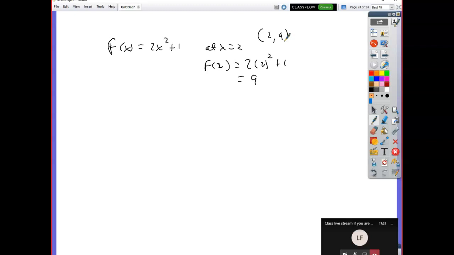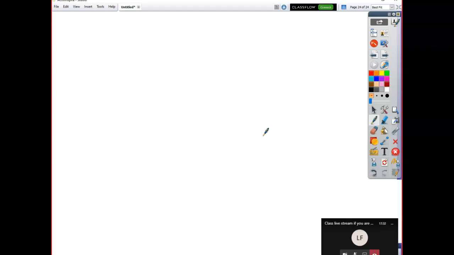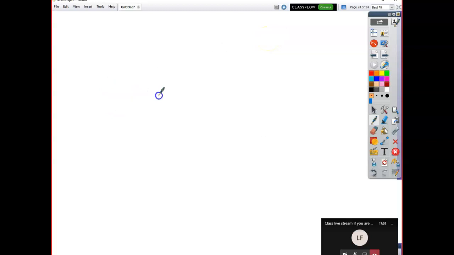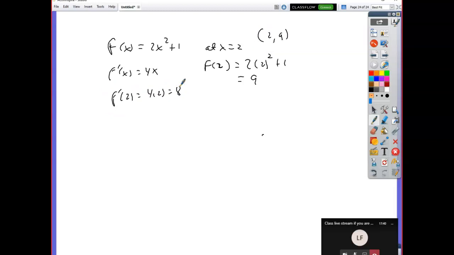Find the derivative. First of all, what's the derivative? 4x. And then I want to find it where? At x equals 2. Well, (2, 9), but x equals 2, right? 4 times 2, which is equal to 8.